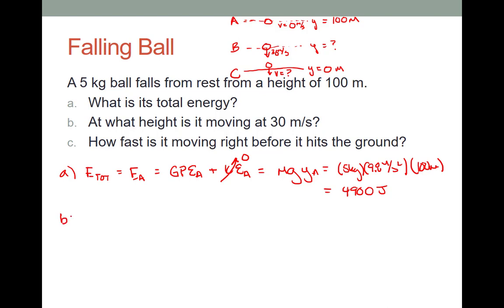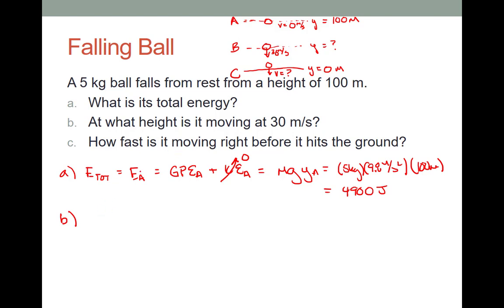Part B. At what height is it moving at 30 meters per second? So we're going to assume that energy is conserved, so we don't have to worry about air resistance or anything like that on this object.